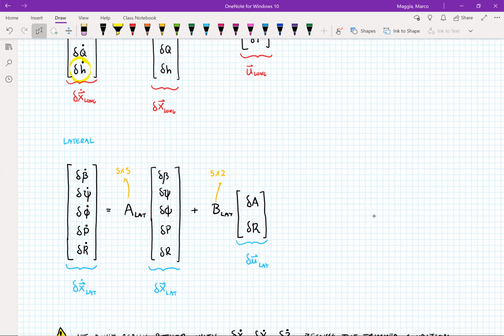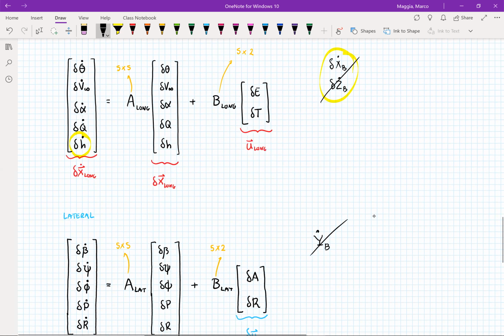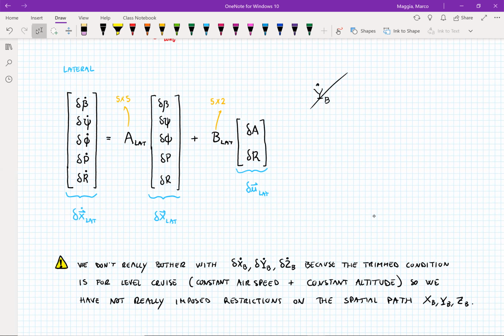All right, so when it comes to the lateral dynamics, we consider these other 5 states. So once again, we don't really care about yb dot, for the reason that I just told you.